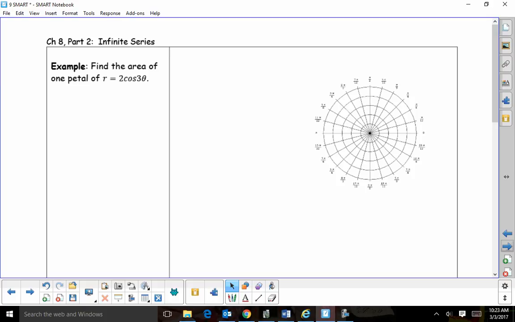Six. Or like if theta equals 0, I don't know. I got 2. Oh, 2 cosine theta. Yep.